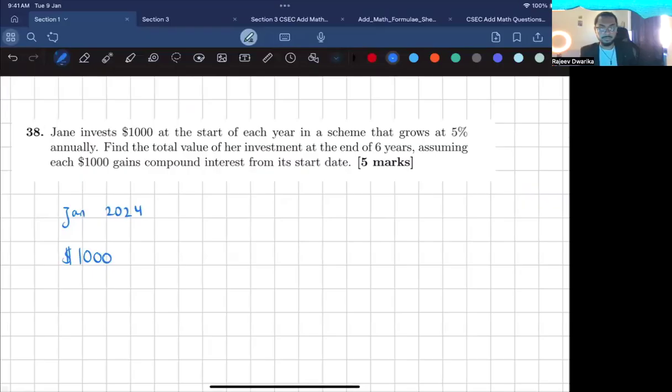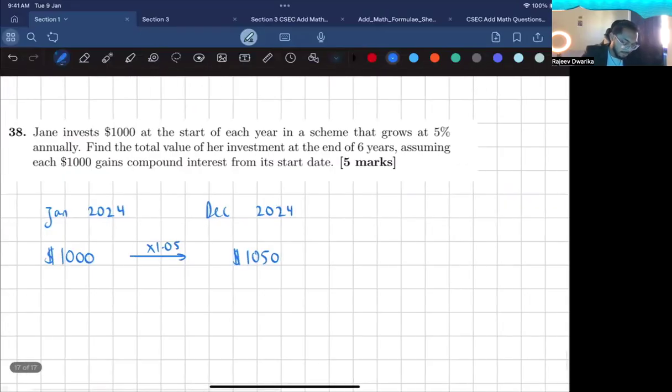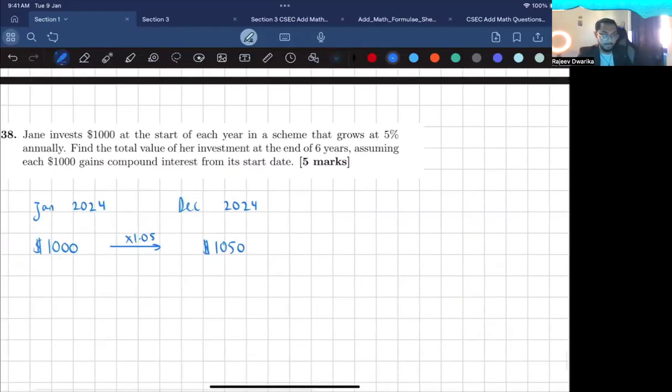Some of that makes sense. Yeah. In December 2024, how much would that now be? $1,050. Right, $1,050. And they are saying that every year she invests $1,000. So in January 2025, how much money is she going to have in the bank? $2,050.